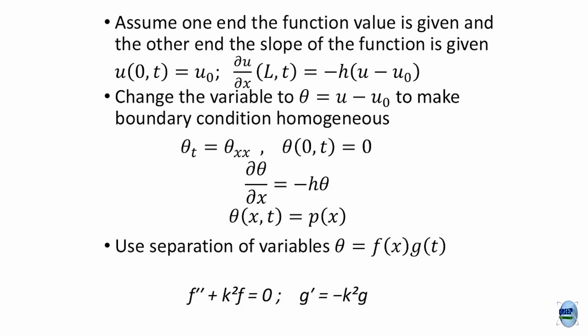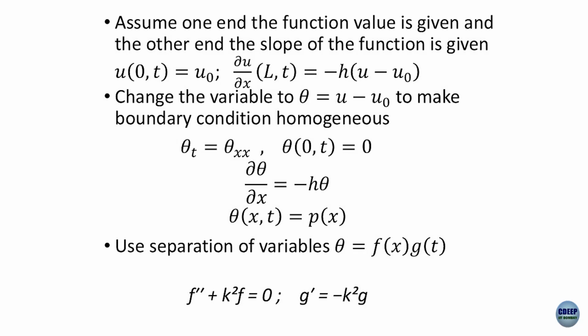And there are several ways in which one can do it, and in this particular situation we said that we're going to change the variable and introduce a new variable which is u minus u0.